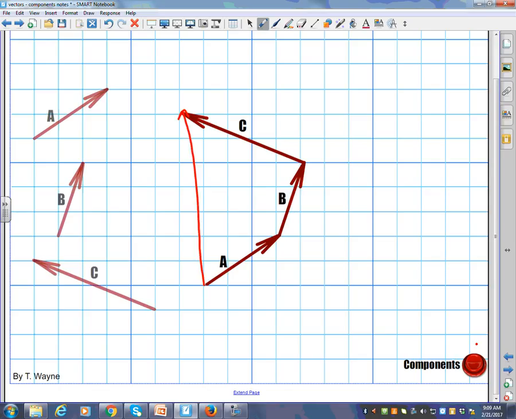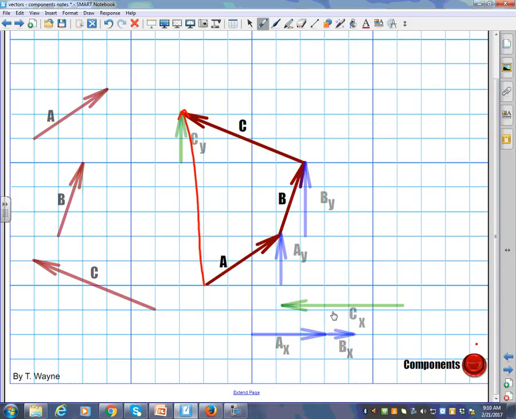Okay, now if I show the components, if I take vector A, the x component, and the x component of B, place them tip to tail, and the x component of C. Now, where should I place this one? Like this?